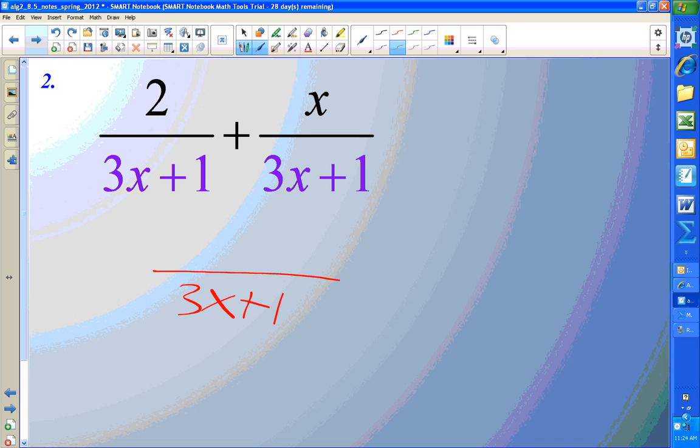Not helping. What does it say to do to the top? 2 plus x. So 2 plus x over 3x plus 1. That's a great answer. No points off.